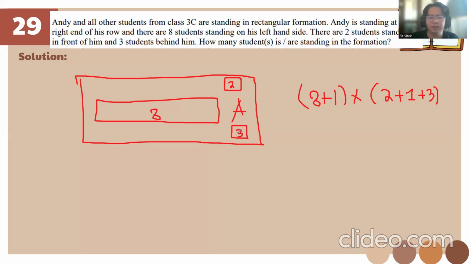So this is 9 times 6. So the answer is 63. Oh, no, 54. How is this 63? It should be 9 times 6. 9 times 6 is 54, right?